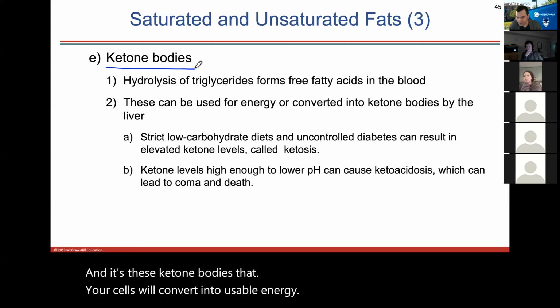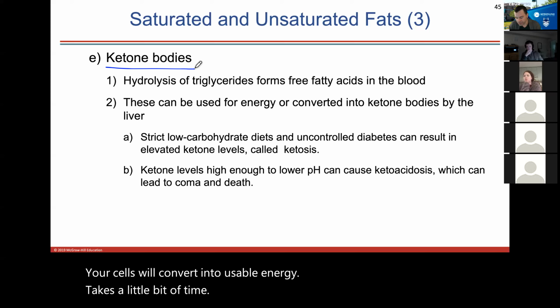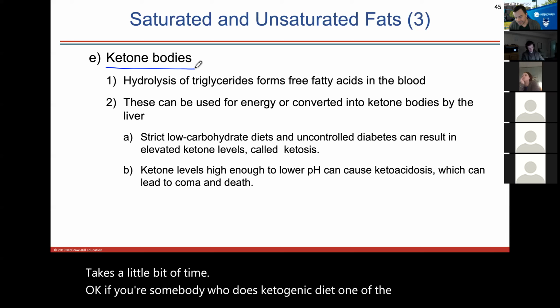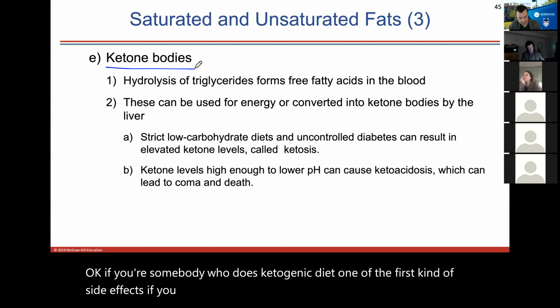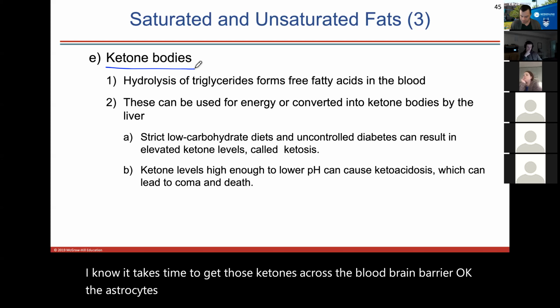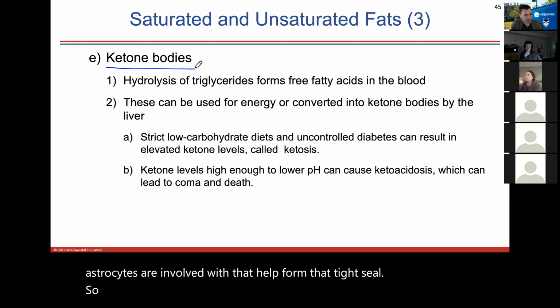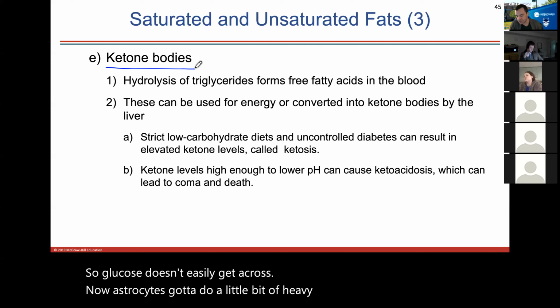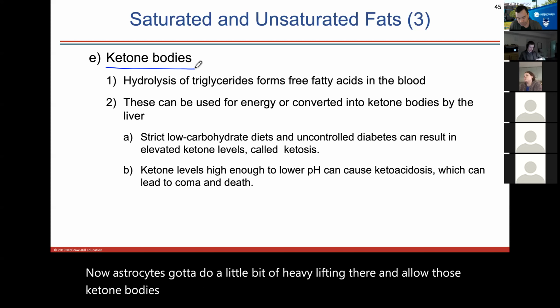It takes a little bit of time, okay? If you're somebody who does a ketogenic diet, one of the first side effects, if you will, is brain fog. Well, it takes time to get those ketones across the blood-brain barrier. The astrocytes are involved with that, and help form that tight seal. So now glucose doesn't easily get across. Now astrocytes have to do a little bit of heavy lifting there and allow those ketone bodies to come across, so the brain cells can use them to make energy.